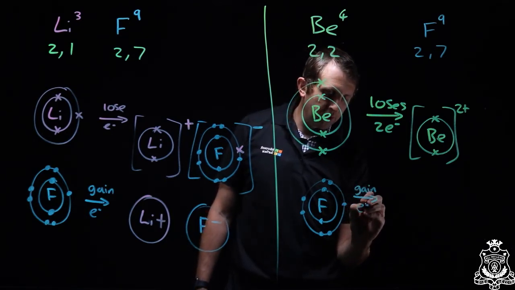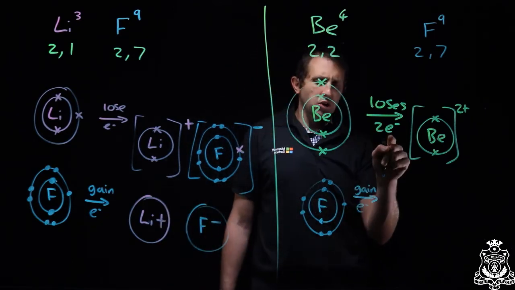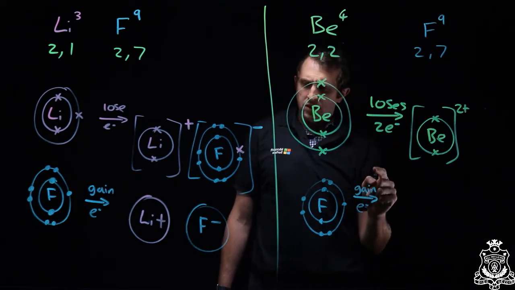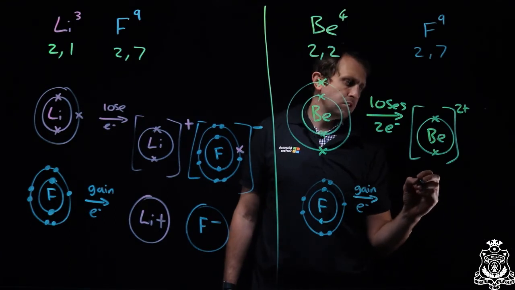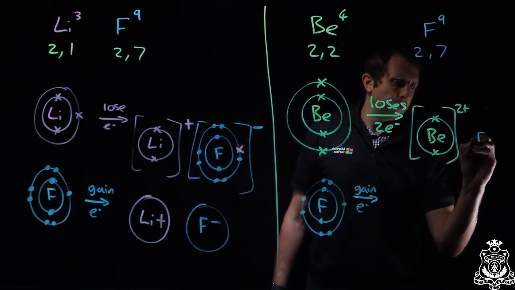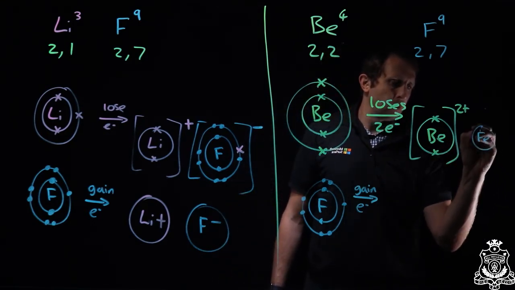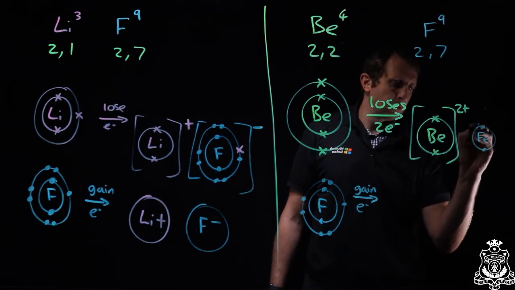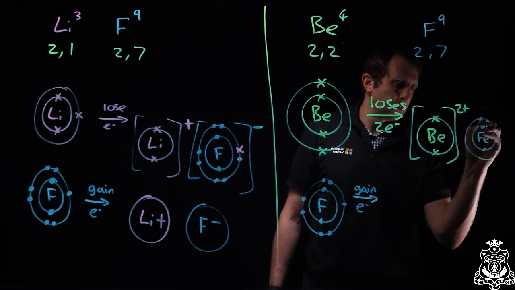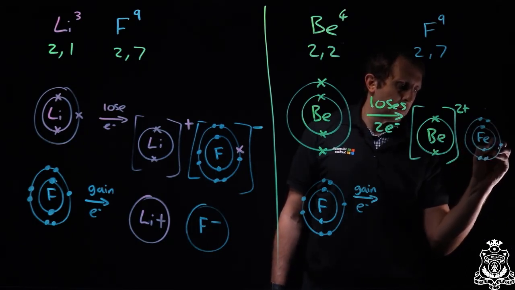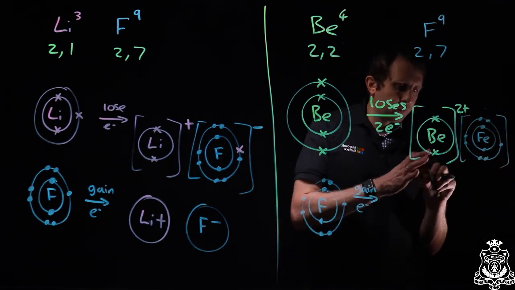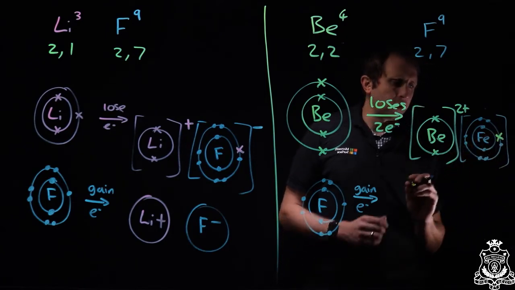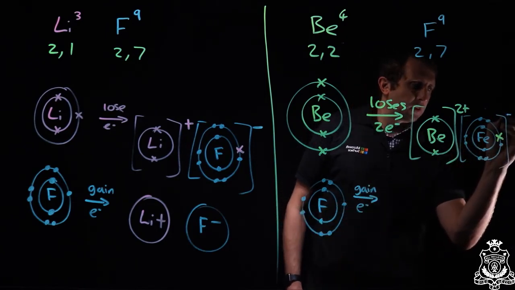Now it can only gain 1 electron, but I have given up 2. So that's interesting. What do you think is going to happen? I'll just draw this ion out first. So we've got fluorine. I have to draw it small, sorry, running out of space. So that can only gain 1, so that becomes -1.